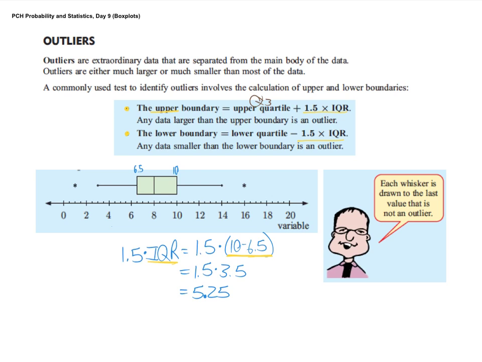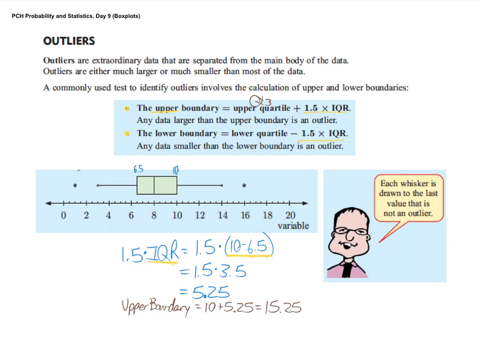So your upper boundary is Q3, which is 10, plus that 5.25 that we just found. So 15.25 is the furthest a data point can be, or it's the highest it can be without being an outlier.